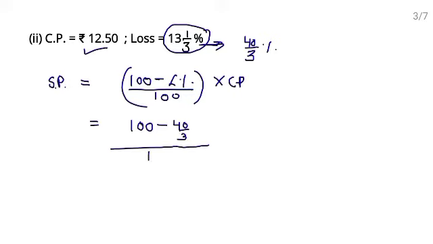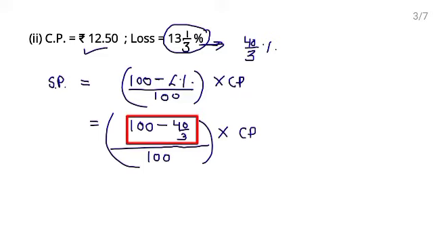In the denominator of this whole there is 100, multiplied by CP. First of all, in rough work we will solve this part. 100 minus 40 upon 3. Nothing is there in the denominator, so you can put 1.